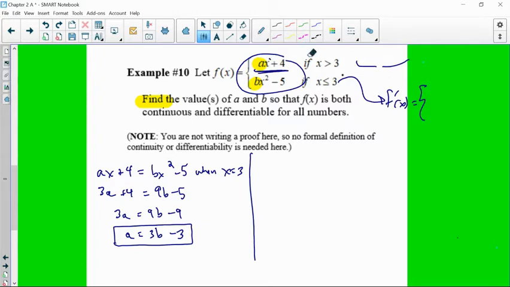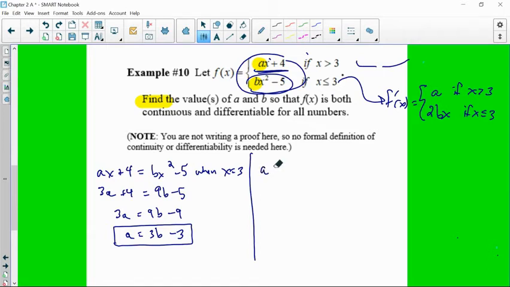The exponent of x was 1, so that's 1 times a, or just a, if x is greater than 3. And then the derivative here would be 2bx to the first power if x is less than or equal to 3. And again, I'm going to state that equality because I'm trying to make this differentiable. So I want it to be defined everywhere.